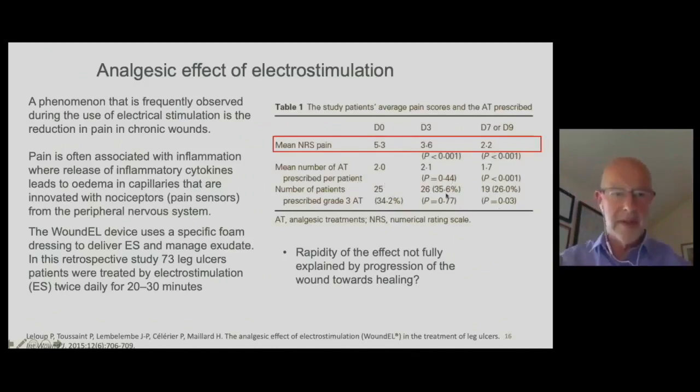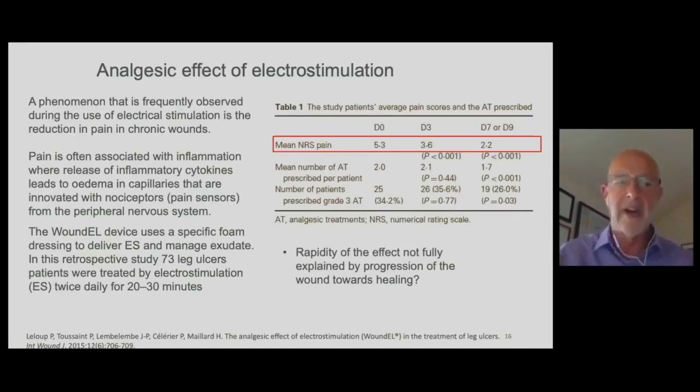Now, one of the explanations for pain in chronic wounds particularly is associated with the processes of inflammation. In many hypotheses, chronic wounds are stuck in an inflammatory state. And then you can imagine the release of inflammatory cytokines leads to edema in the capillaries.